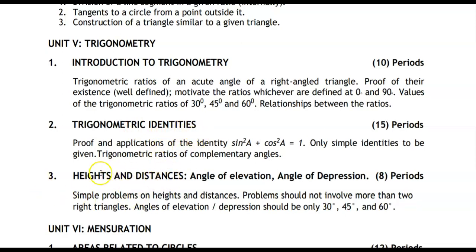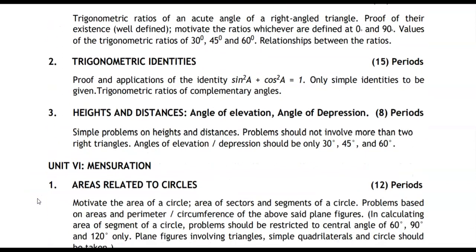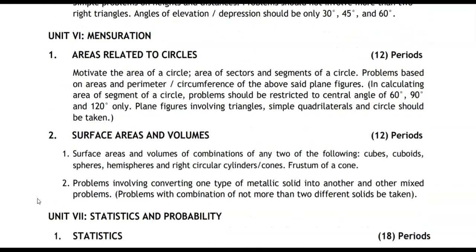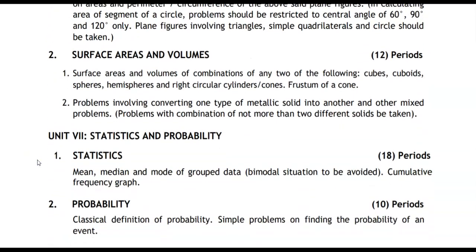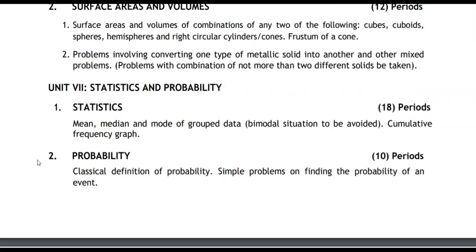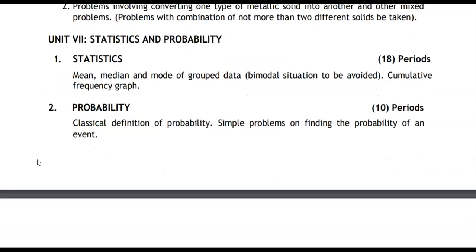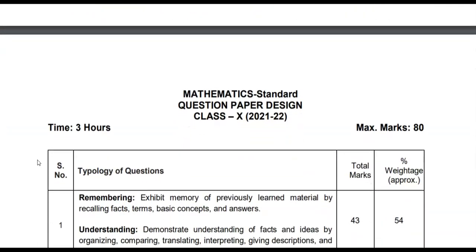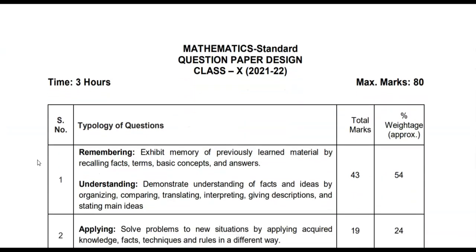This is also called application of trigonometry. Okay, and next unit 6, mensuration. In this we have the chapters areas related to circles, surface area and volumes. Okay, and then unit 7, statistics and probability. I hope children you have all got the information on what we are going to study for this academic year, that is 2021-2022.